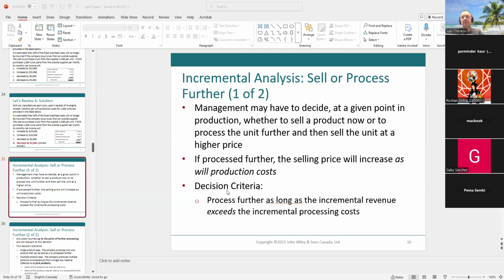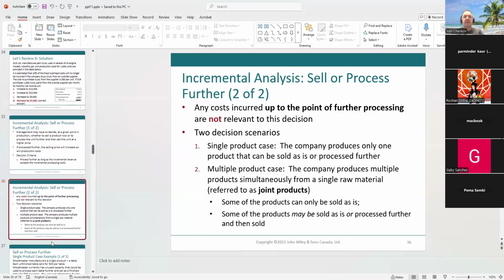As long as it is, then go for it. If it's less, no go. Make sense? Any cost that you have for that apartment before you start selling it is irrelevant. Those are sunk costs. Forget about them.